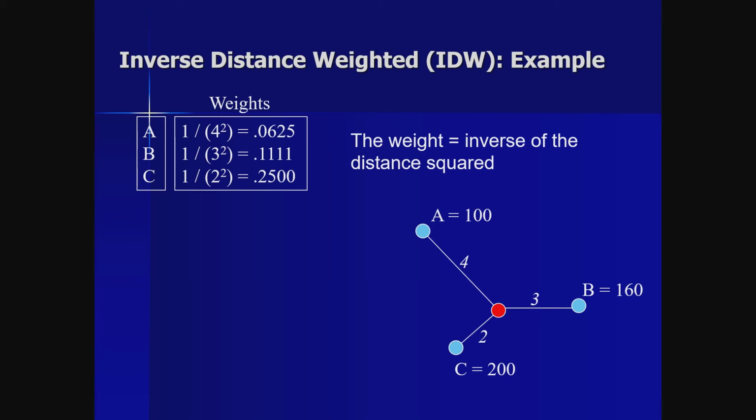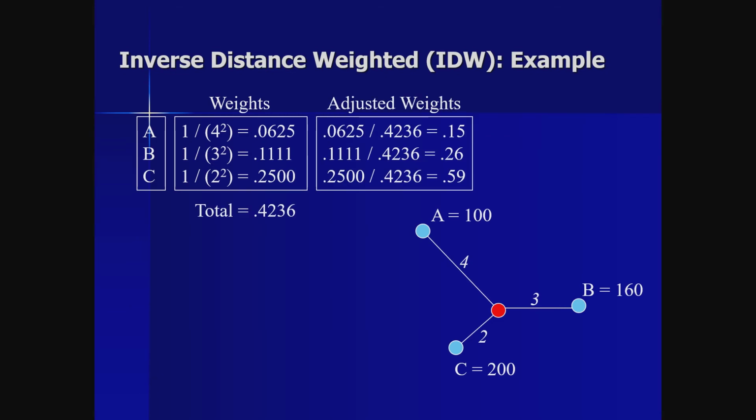But we need to do one more thing. It's not exactly 25% here. We need to adjust the weights and scale them so that they add up to 1. The way that we adjust the weights to add up to 1 is we divide them by the sum of all the weights.